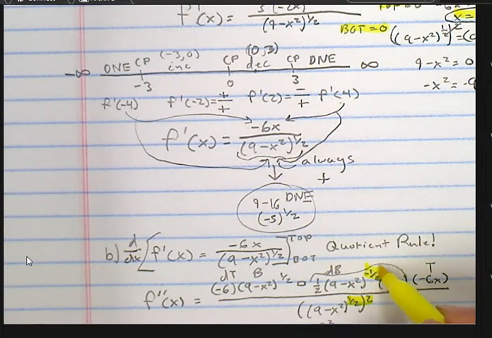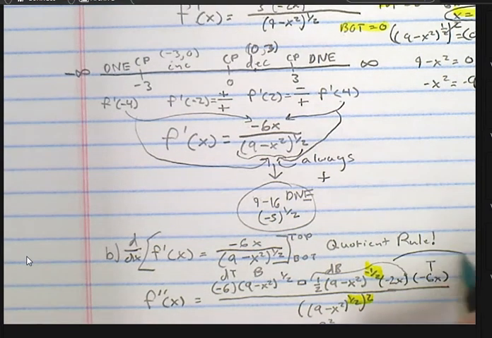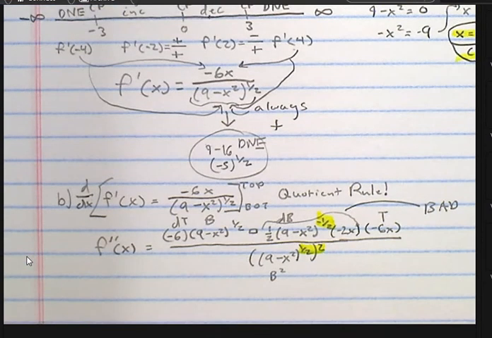This right here is bad. You can't set the top equal to 0 with a negative exponent. Okay? Can't set the top equal to 0 with a negative exponent.